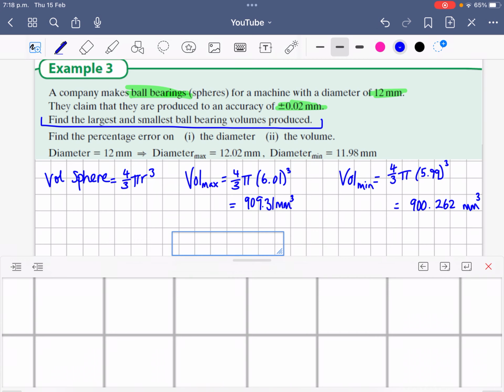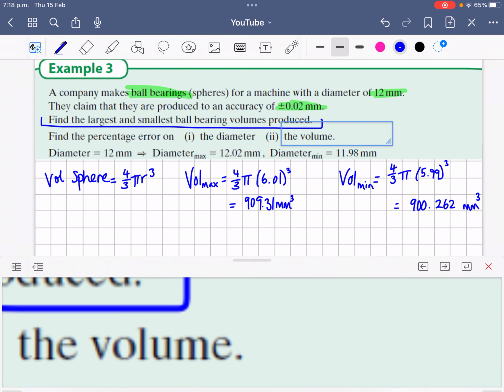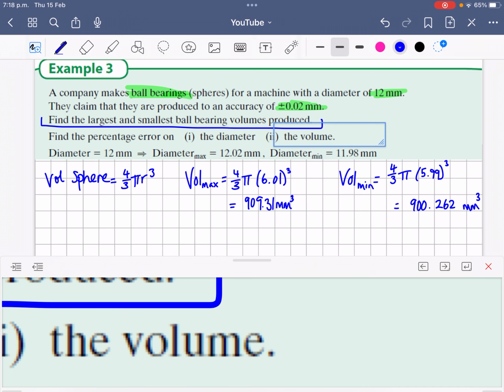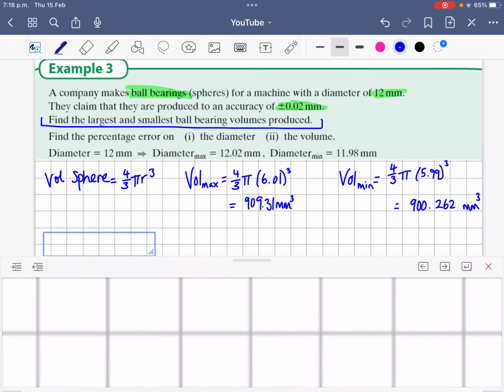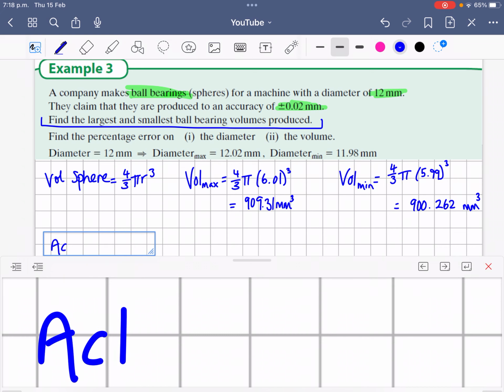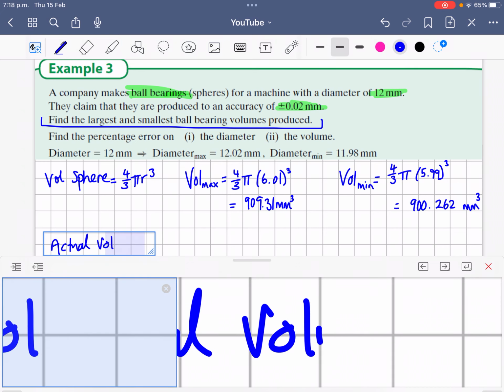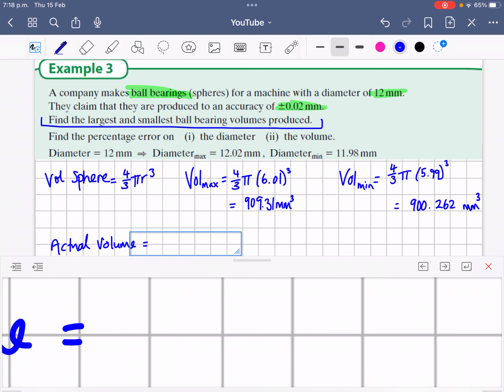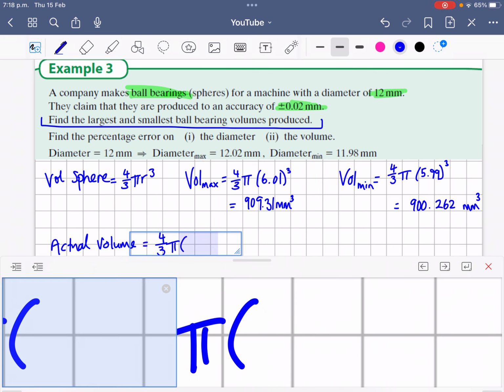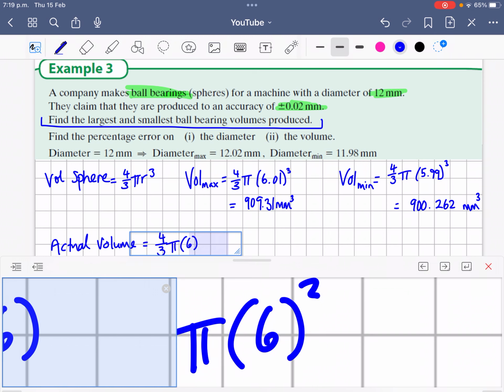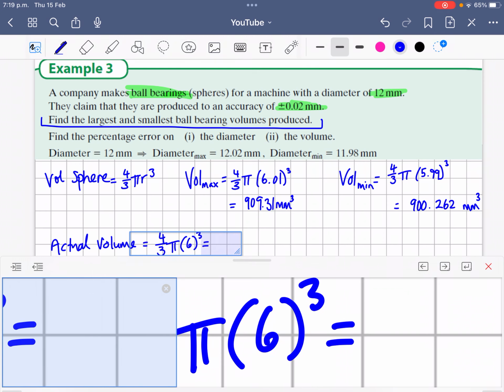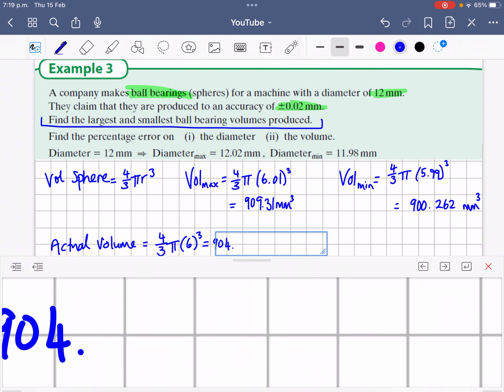And we'll also need, if we're going to be getting the percentage error, the actual volume. So that's going to be 4 over 3 pi. Actual volume is when the radius is 6, and cube that, and we get 904.779 millimeters cubed.